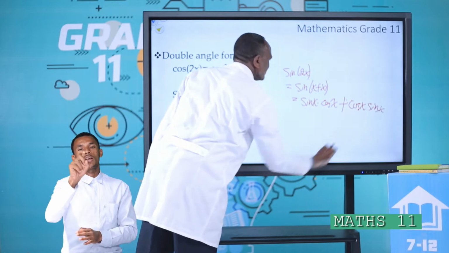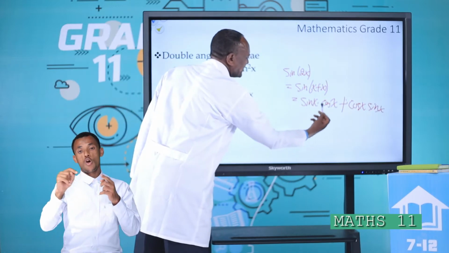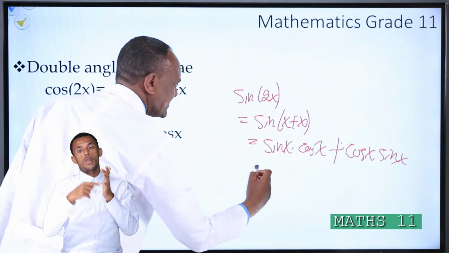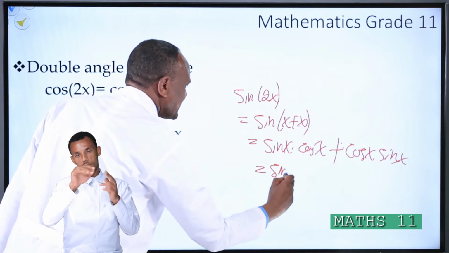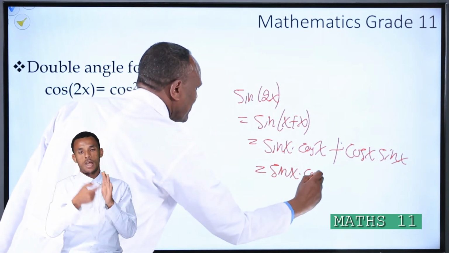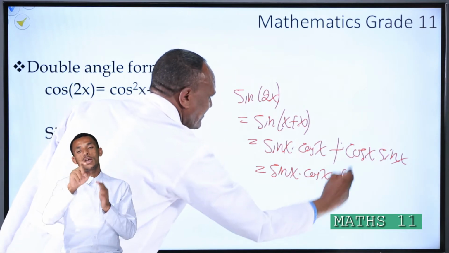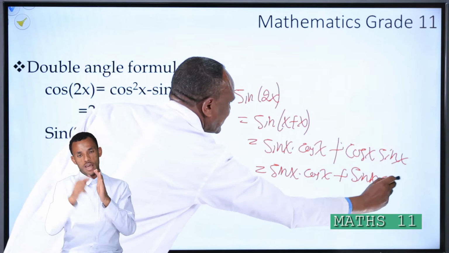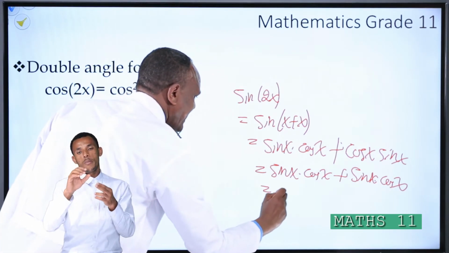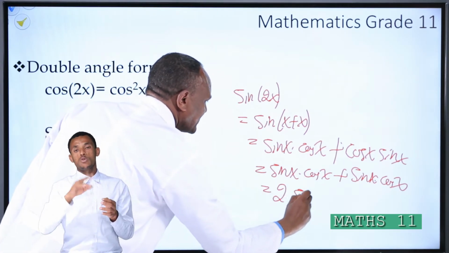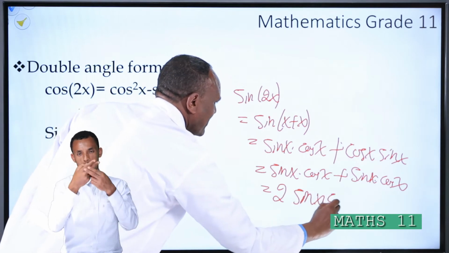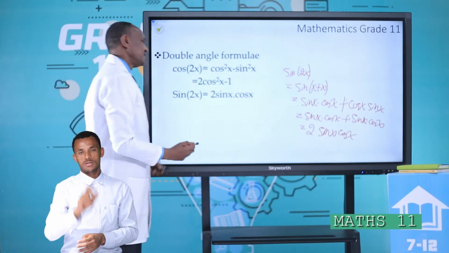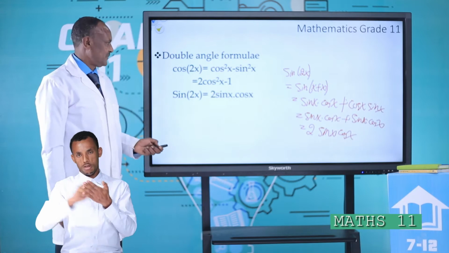Multiplication is commutative, so we will have sine x multiplied by cosine of x plus sine x multiplied by cosine of x again. Since they are like terms, you will have twice sine of x multiplied by cosine of x. That is why I am writing it over here.